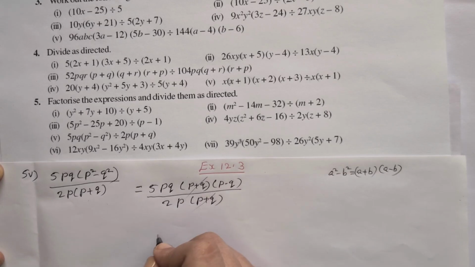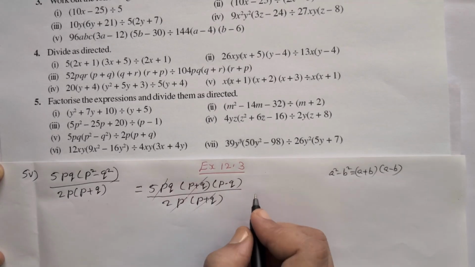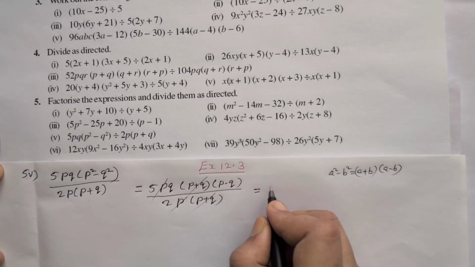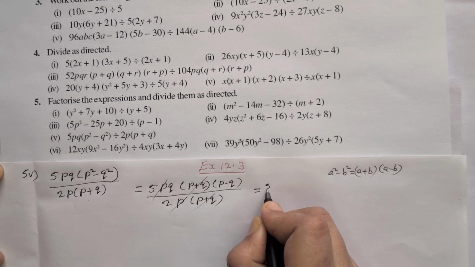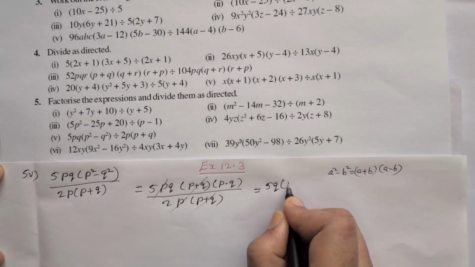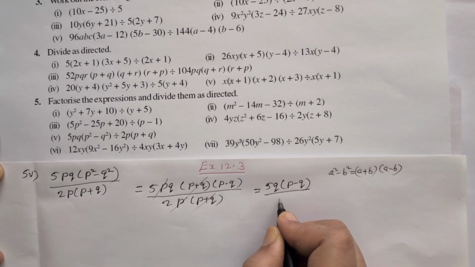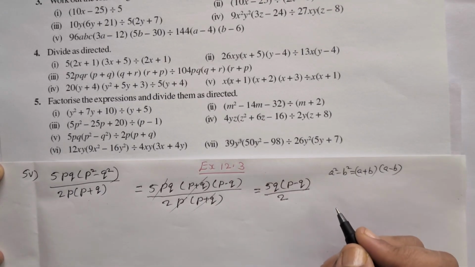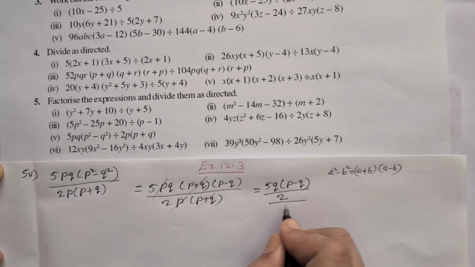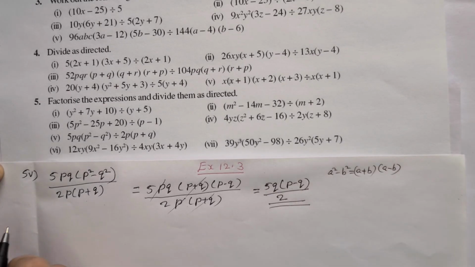Here p plus q we can cancel, p also we can cancel. Then the numerator remaining is 5q into p minus q, divided by 2. So the answer is 5q into p minus q divided by 2. Now the next one.